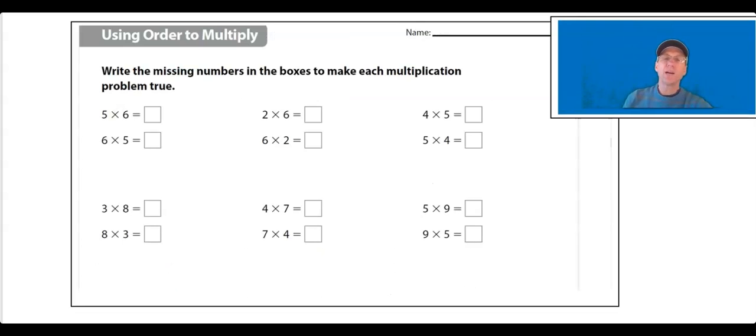Write the missing numbers in the boxes to make each multiplication problem come true. Here we're looking at changing the order, using order to multiply.